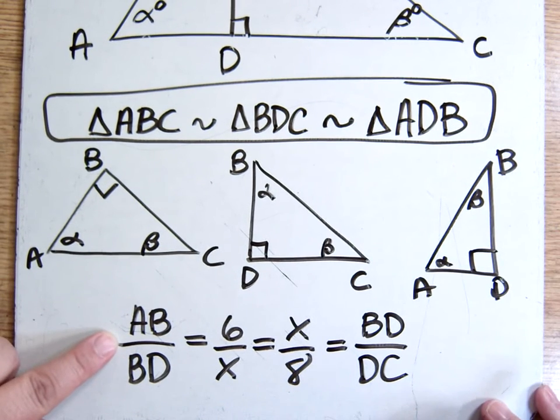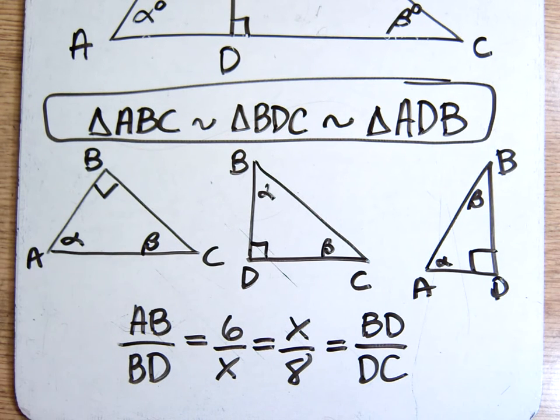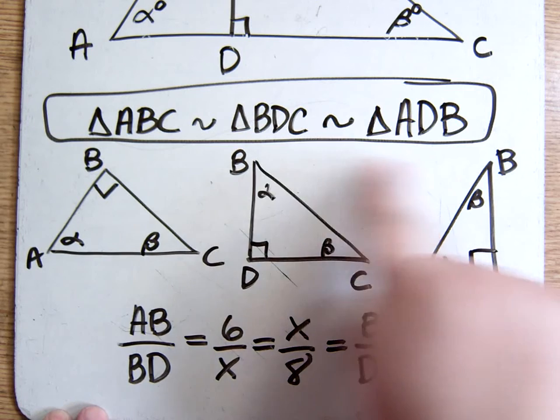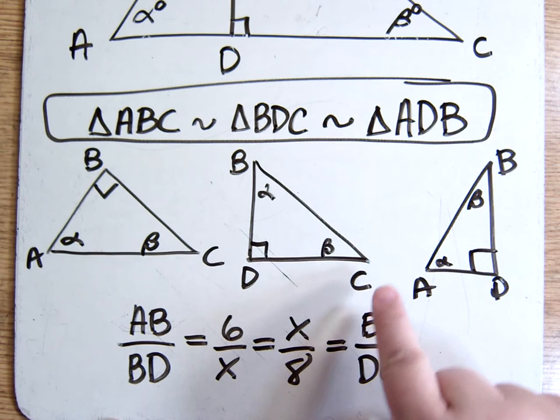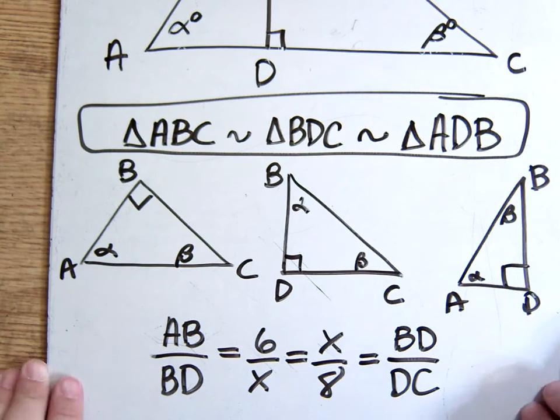Okay, so looking at AB, hang on. These two triangles, really. There we go. No, we kind of have to split them. AB over BD. Let's look at it this way.